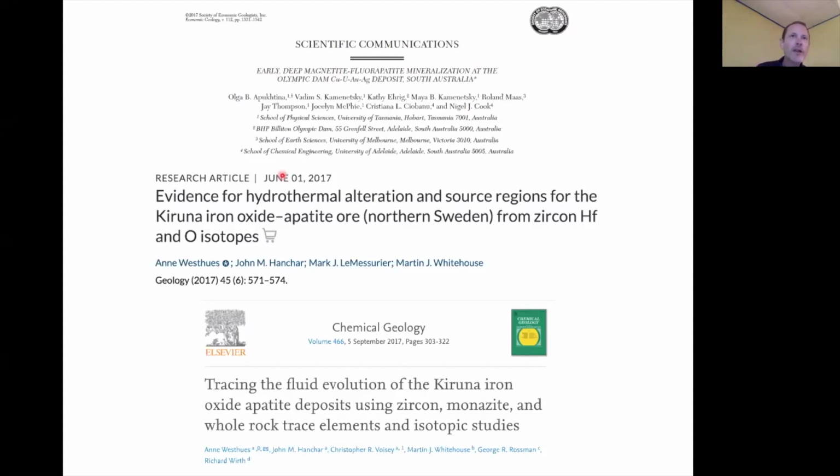And we think that our model explains the formation of these ore bodies as the result of normal processes that occur during the evolution of magma bodies. And it's just that when all of the processes line up, you get these massive accumulations of magnetite.